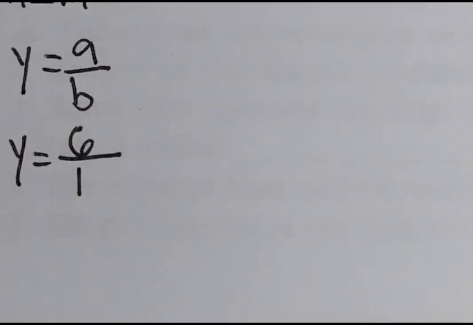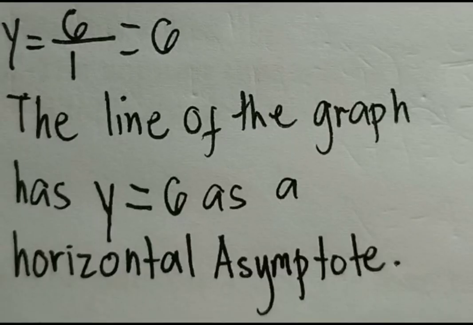So the answer is 6. Therefore, our horizontal asymptote is y is equal to positive 6. The graph has the line y is equal to positive 6 as a horizontal asymptote.